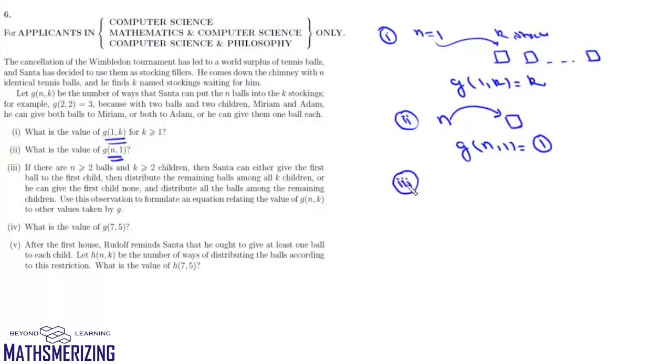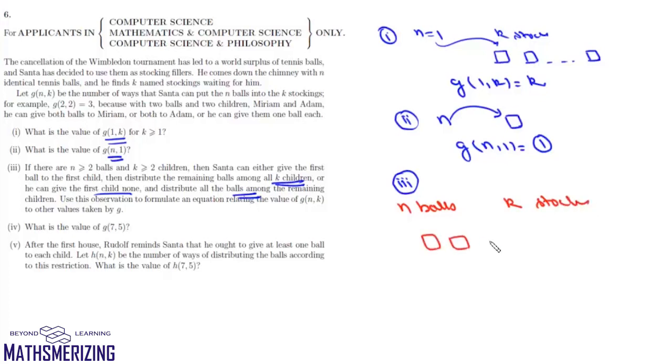Now the third part is, suppose we have n balls and k children, then Santa can either give the first ball to the first child and then distribute the remaining balls among all k children, or he can give the first child none and distribute all the remaining balls among the remaining children. Use this observation to formulate an equation relating the value of G(n,k) to other values taken by G. So here we need to find this recurrence relation when we have to distribute n balls to k stockings.